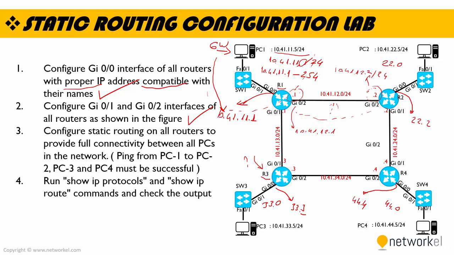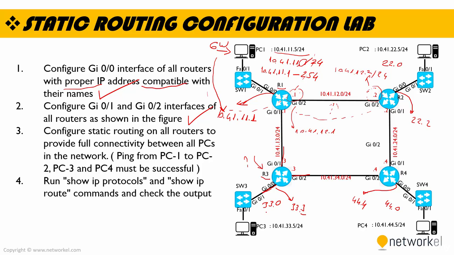As you'll remember from our first sections, what I told you is that routers already know the networks to which they are directly connected. For example, router 3 is directly connected to here, here, and here.